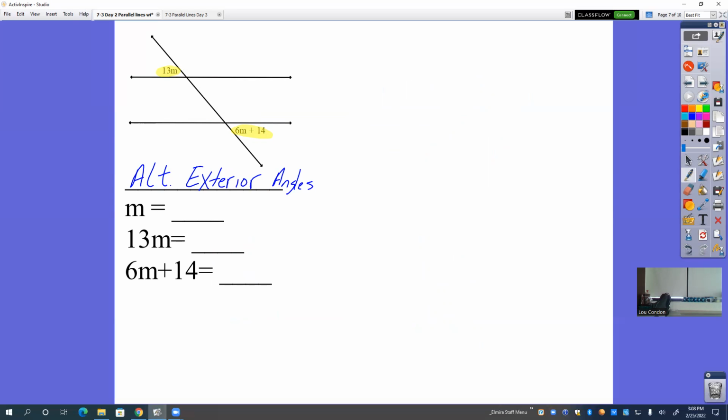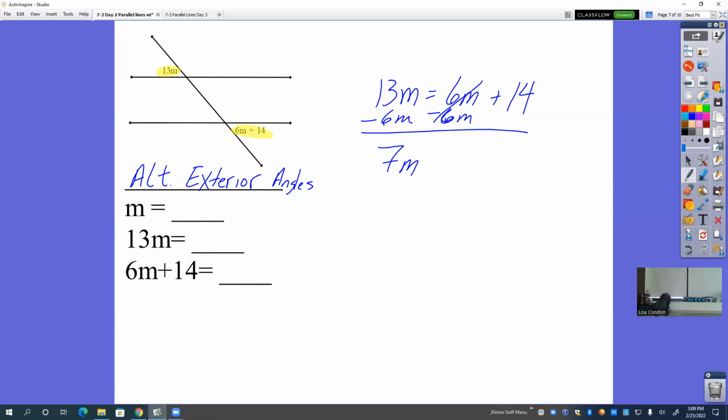So 13m equals 6m plus 14. Cancel out the smaller variable. 7m equals 14. Cancel out the multiplication by dividing by 7. M equals 2.